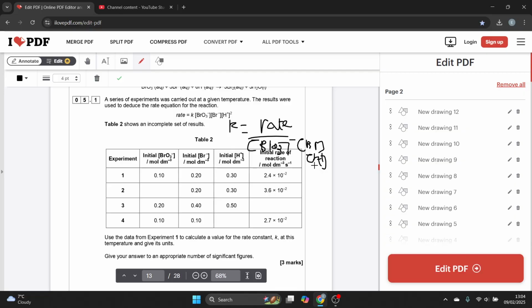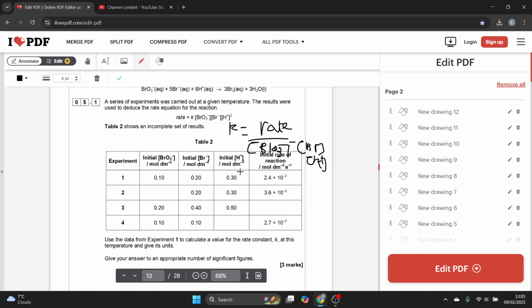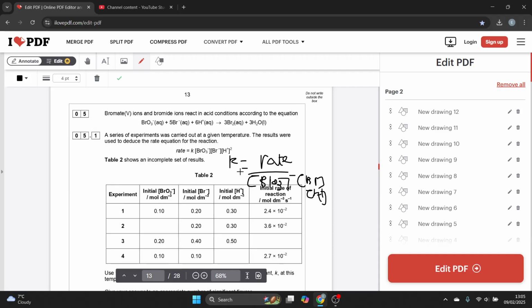It's that simple. Obviously, show your working out in the exam, but in this case, there's just no point of me doing it because I've just shown you guys the equation. So 2.4 times 10 to the power minus 2 divided by 0.10 times 0.20 times 0.30, but with 0.30 it is squared if I look there, because H+ squared.